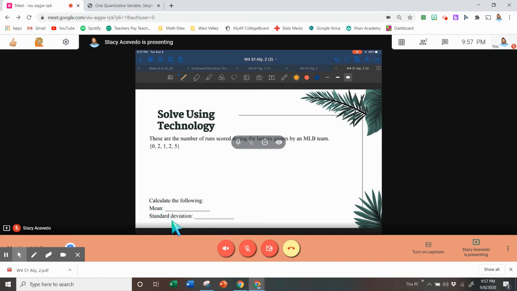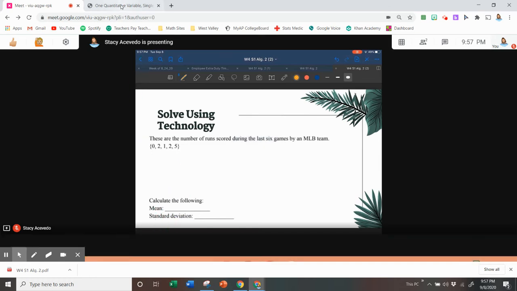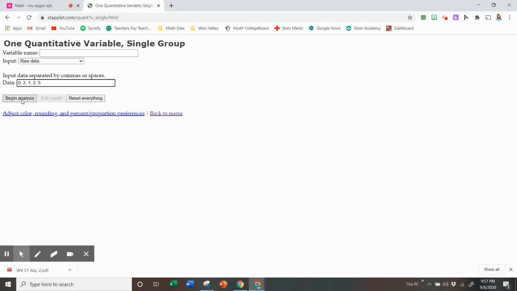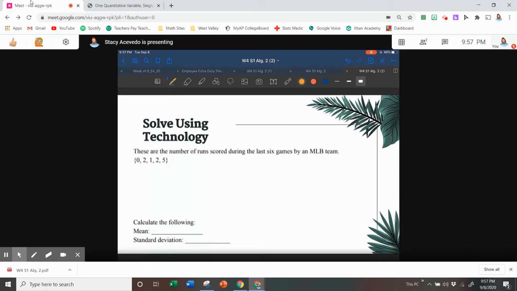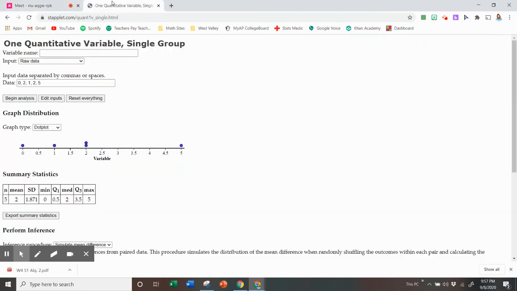I want to know the mean and the standard deviation. Well, there they are. You have the mean and the standard deviation. So our mean is 2, and our standard deviation is 1.871.